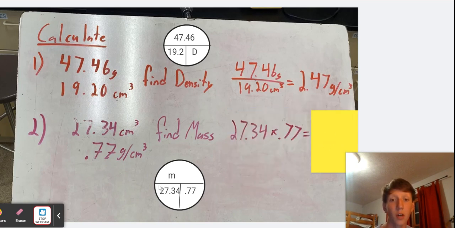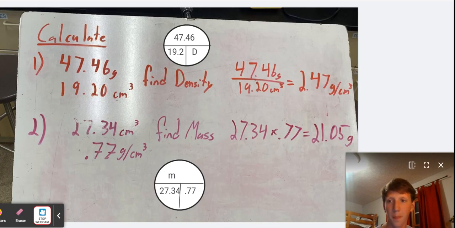Because both of them are in the denominator, we are going to be multiplying. An important part of your density circle is that each half equals the same thing. So your mass is always going to equal your density times your volume. To get an answer on this last problem, it's 21.05 grams.